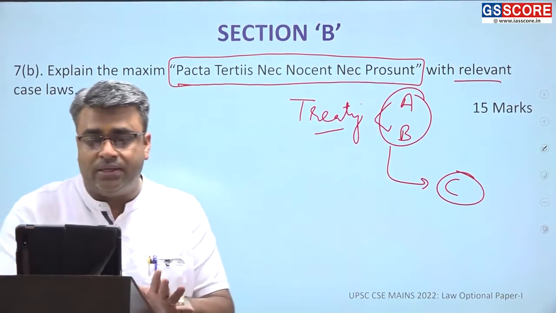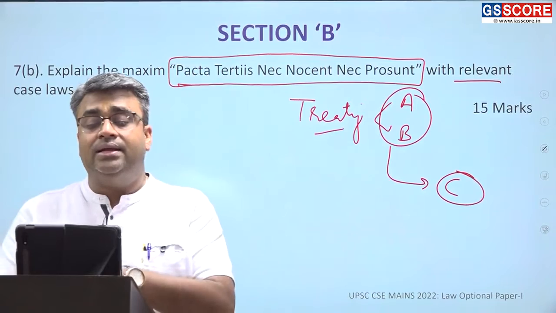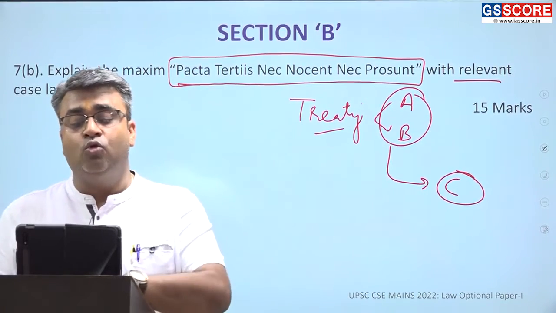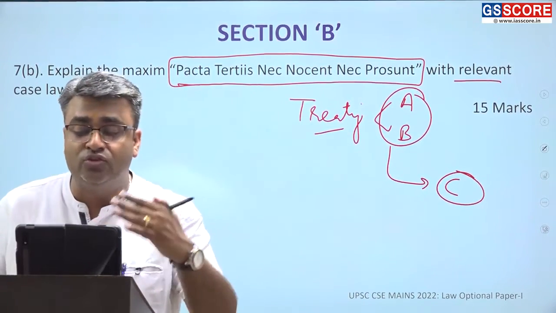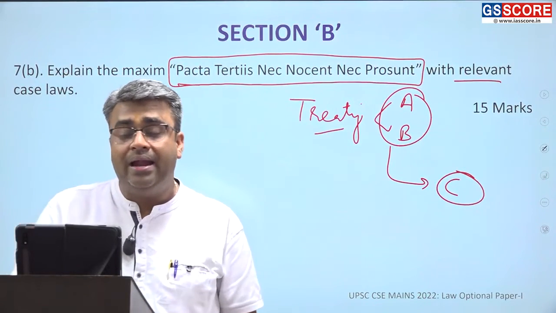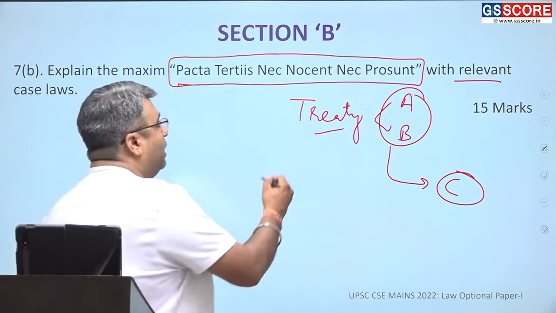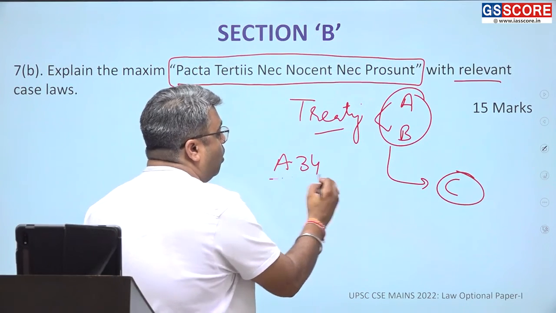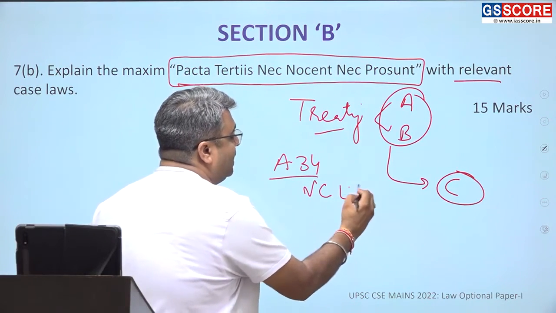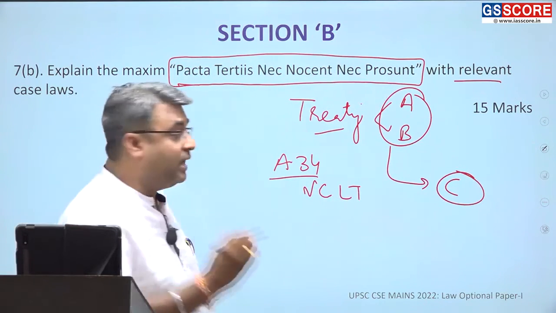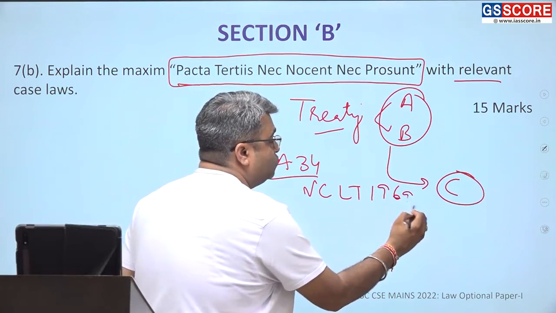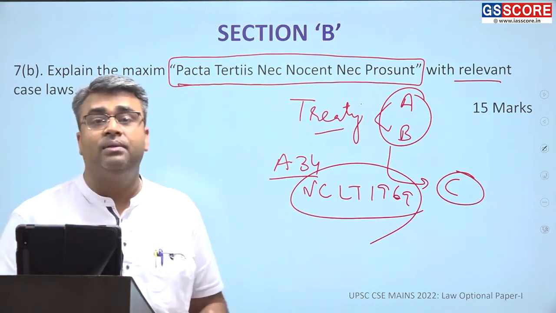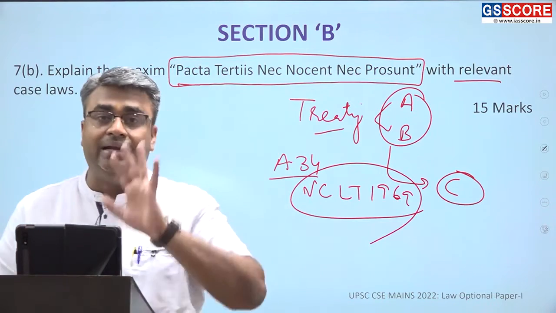This maxim simply says, normally it is the parties to the treaty who are bound by the obligations of the treaty. And this has also been given under Article 34 of the Vienna Convention on the Law of Treaties 1969, which clearly says only the parties to the treaty are bound by the treaty.